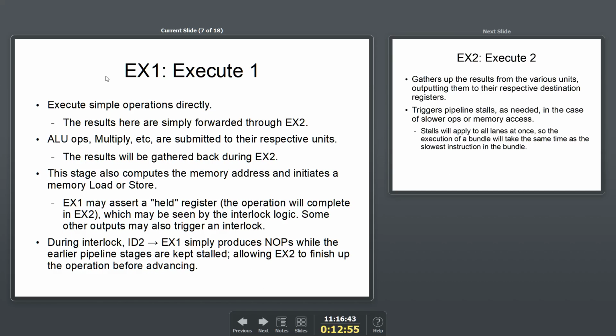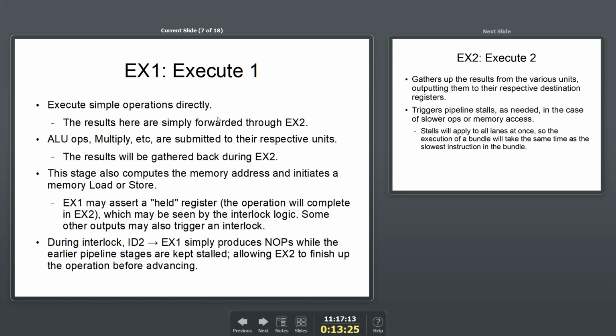Now, execute 1 will execute simple operations directly, and in this case the results are simply forwarded through EX2. Due to register forwarding, it is possible for the following instructions to directly use the results without resulting in an interlock.